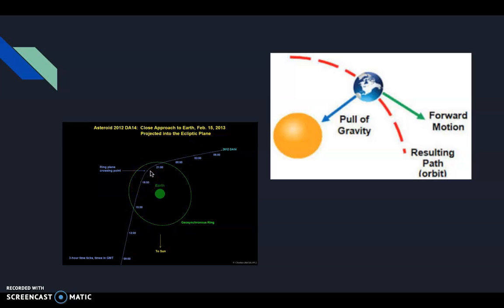But as it moves farther away, if the Earth didn't have enough gravity to keep it in orbit, it'll then go on its desired path. Gravity not only influences motion in the solar system, but on our planet as well. Anytime you jump, you come down. In sports, the way that we handle things is very much influenced by that force of gravity.